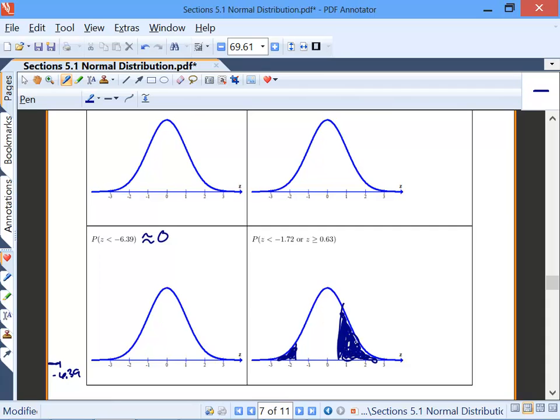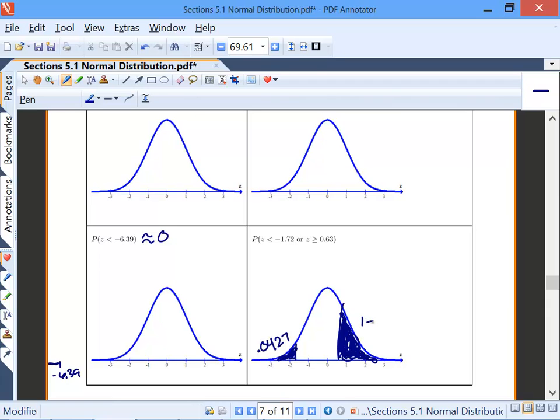Okay. So in this one we are going to have to get a little bit more creative. If I look up my negative 1.72 on my chart, that will tell me the area to the left, which is 0.0427. But when I look up 0.63 on my chart, it'll give me the area to the left, and I want the area to the right. So I'm going to have to use the complement rule.